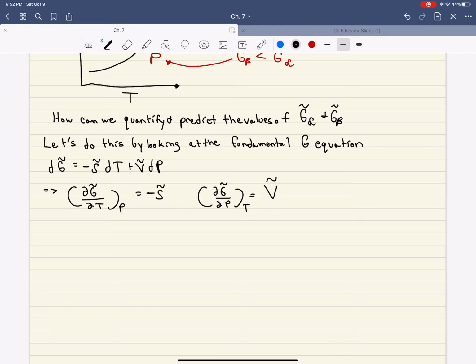What's useful about this is that the entropy tells us that the temperature dependence of our molar Gibbs energy is related to entropy, and the pressure dependence is related to the molar volume.